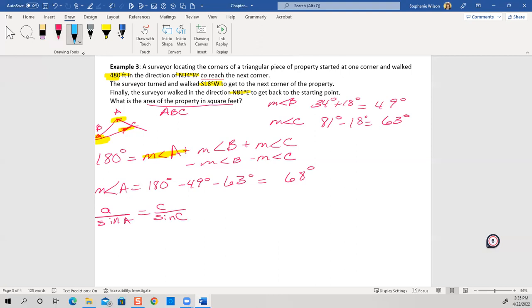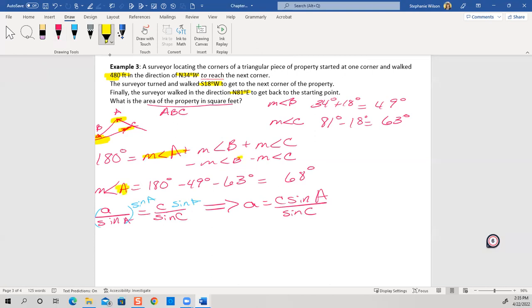So in order to solve for a, I need to multiply by this denominator here to undo the fraction. So I'm going to rewrite this. So I got a is equal to c sine of capital A divided by sine of capital C. And we're going to plug in what we know. And what am I calling capital C and capital A? I'm calling the measures.